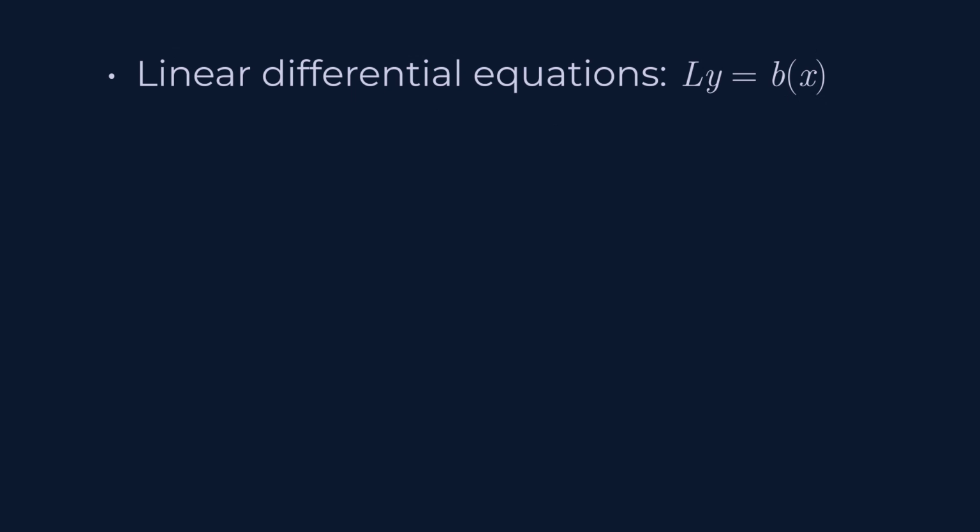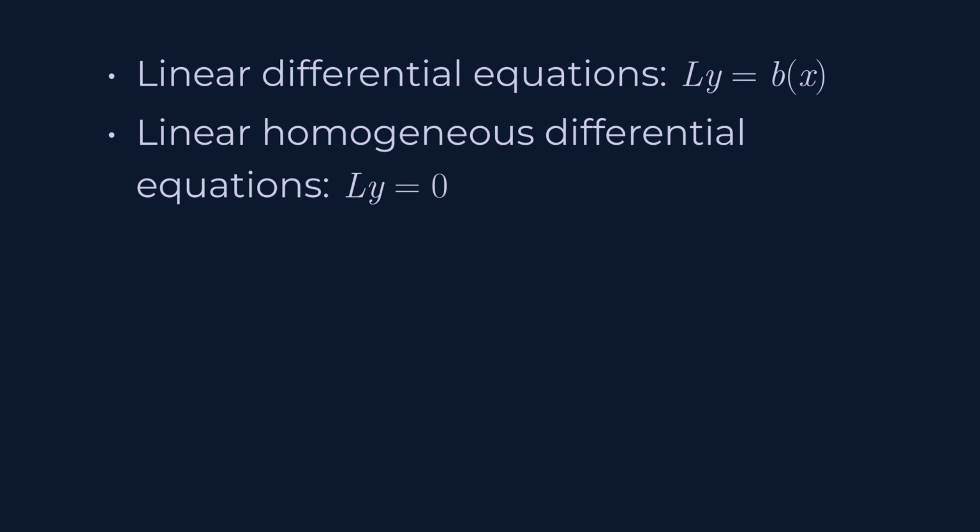So to summarize, linear differential equations have the form Ly is equal to b of x, where L is the linear differential operator, y is the dependent variable, or the function we are solving for, and b of x is some function of x. Linear homogeneous differential equations have the form Ly is equal to 0, that is, b of x is equal to 0 in that case.